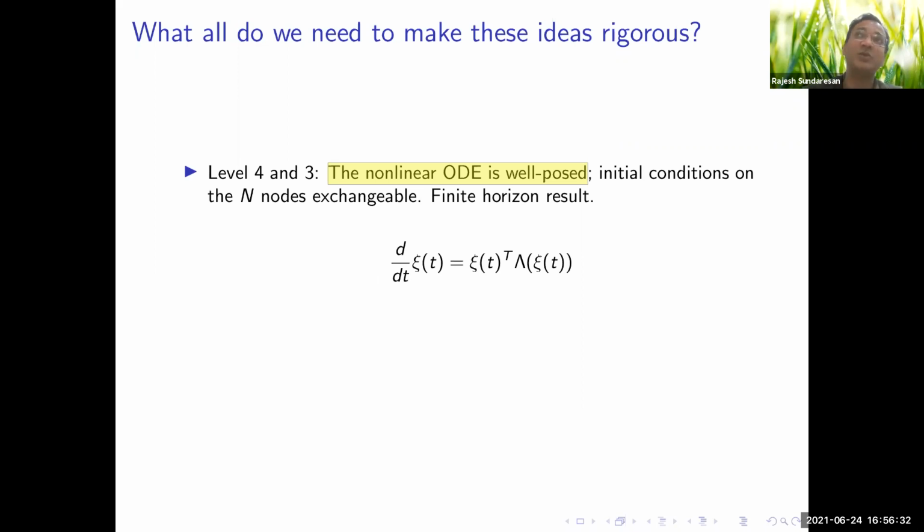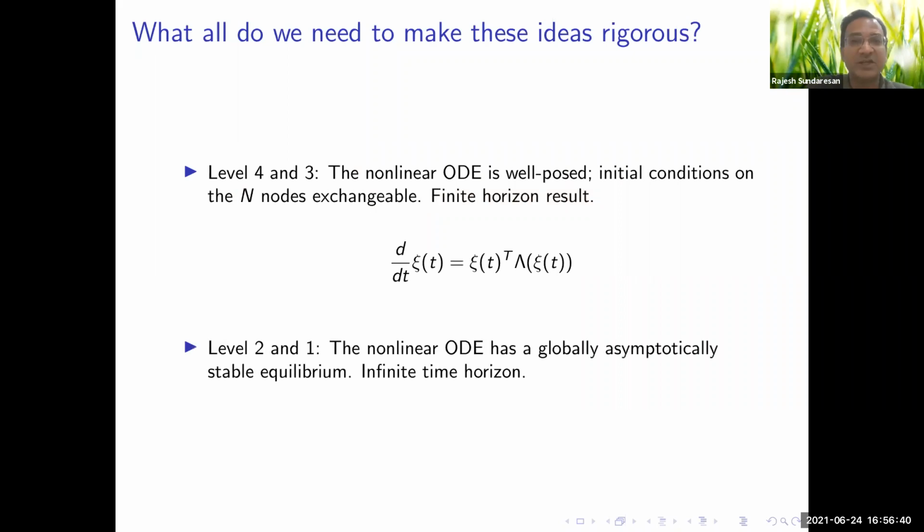But these results, you will notice, are for the finite horizon. To go to level 1 and level 2, which is essentially about equilibration, we need a little more. We need one more condition, that the initial conditions on the n nodes are exchangeable.